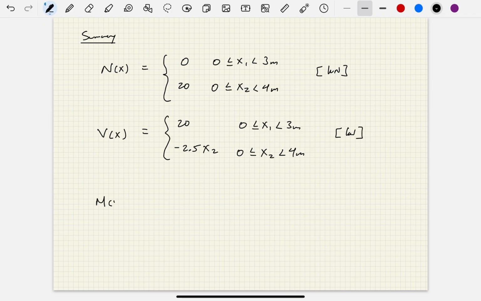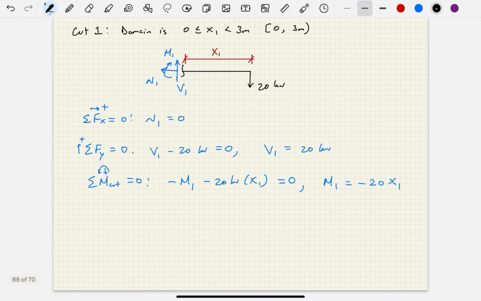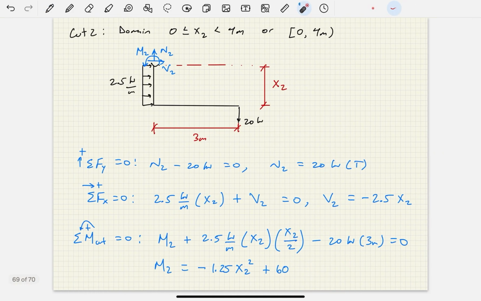And then finally, you can have moment functions as a piecewise function going back. M1 was negative 20 x1, okay? And then M2 was this negative 1.25 x2 squared plus 60.